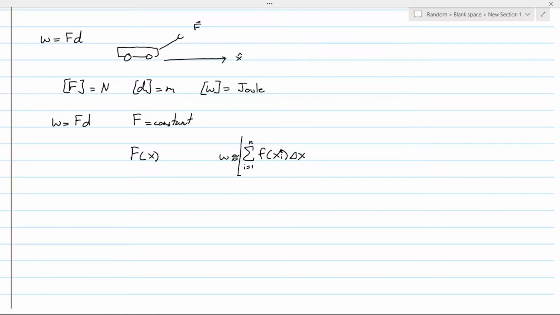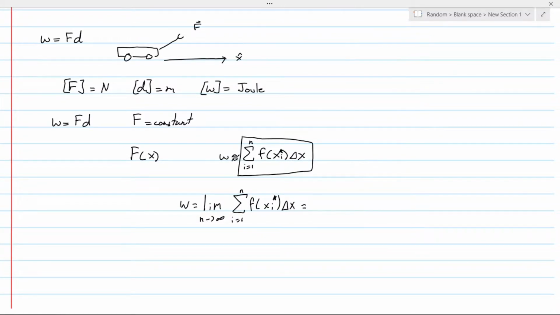We also recognize that this is a Riemann sum, so if we apply the limit, this becomes a definite integral.